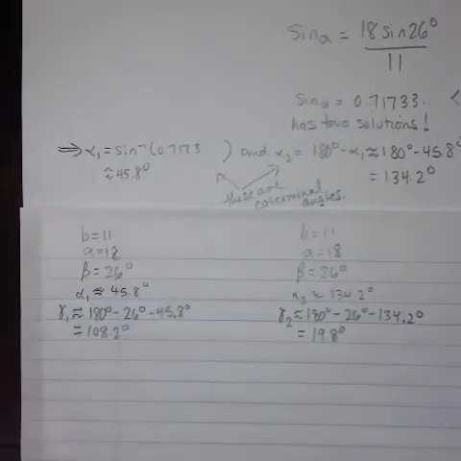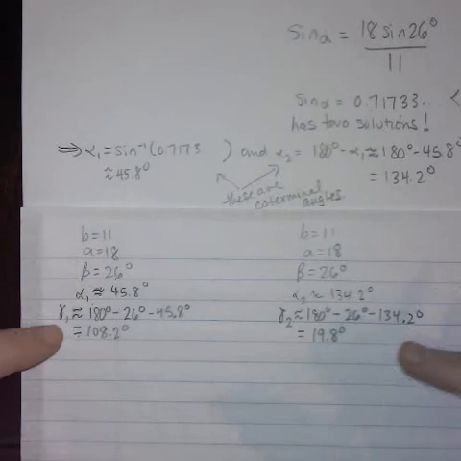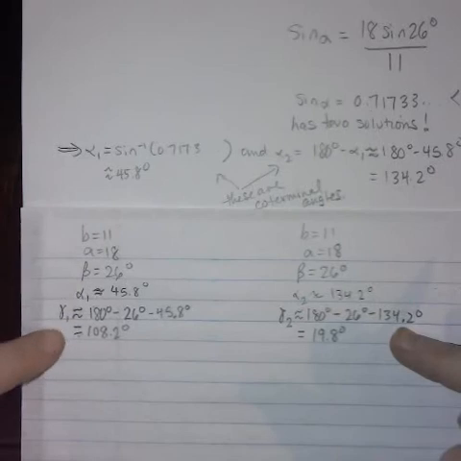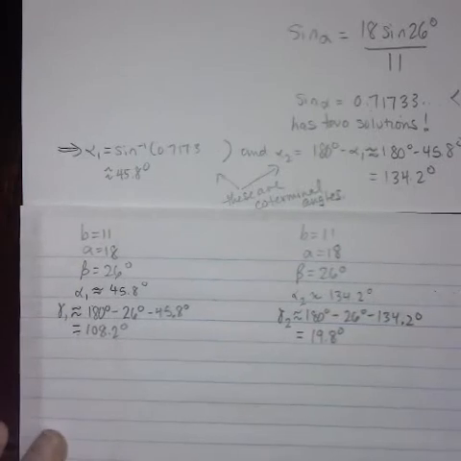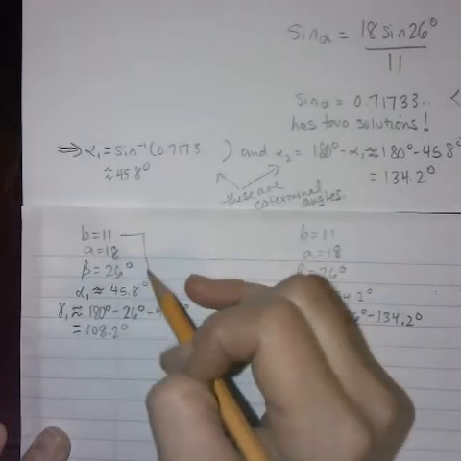And now the last part to find is C. So these are going to be different lengths because they're across from different sized angles, right? In this problem, C is going to be a lot longer because gamma is so large. So we'll just use the law of sines to find C. So I would use these two because they're given in the problem.